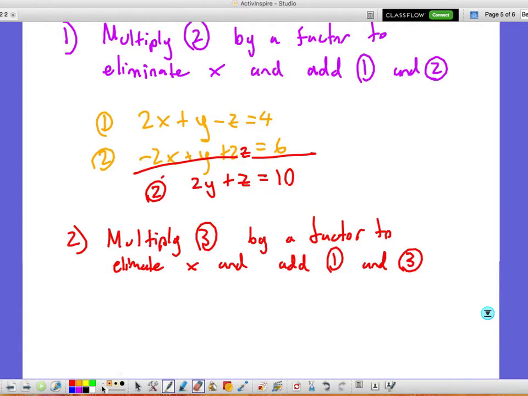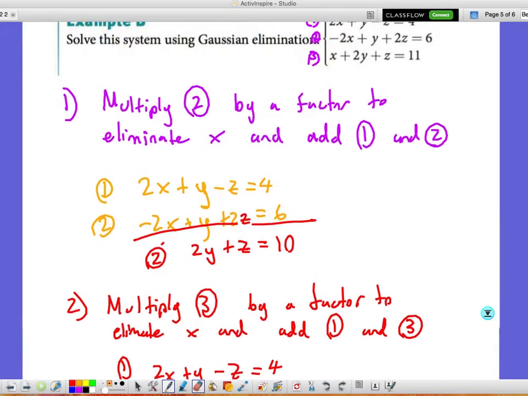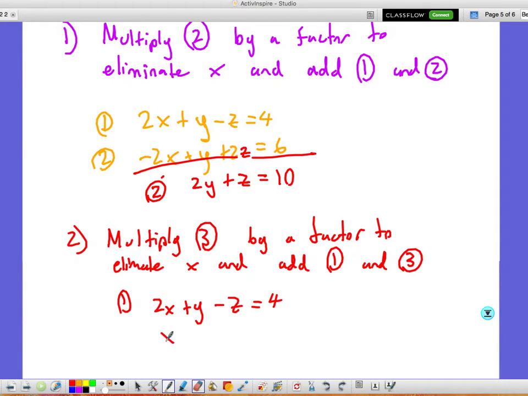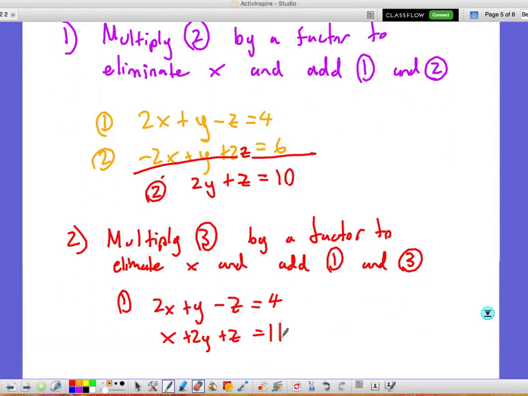Okay, so we're using equation 1 again. x plus y minus z is equal to 4. And then equation 3 was x plus 2y plus z is equal to 11.